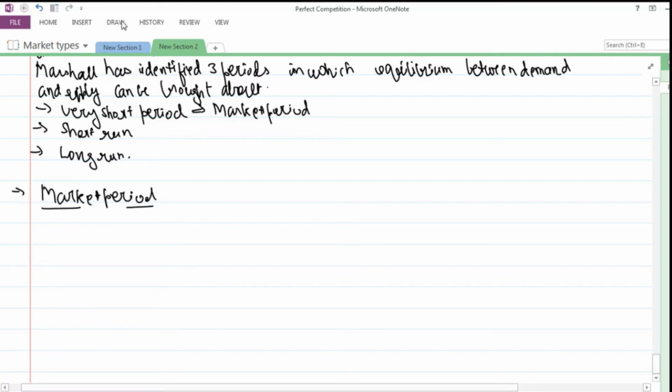The first one that we will be seeing is market period. Market period or very short run period is a particular time in which the equilibrium is established between the demand and supply of the particular commodity.